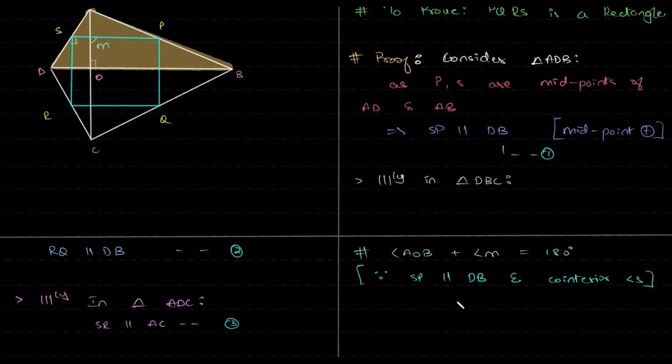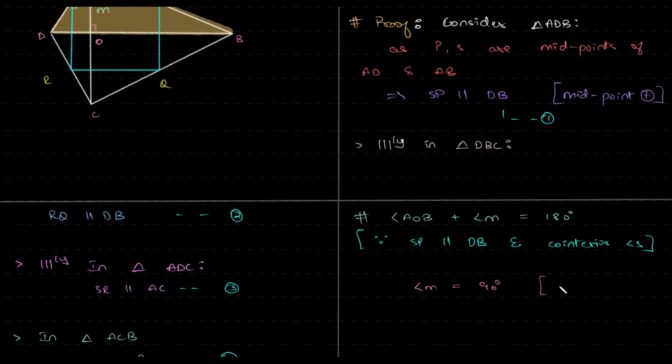So angle M is equal to 90 degrees. Right, guys? Angle AOB is equal to 90 degrees, with DB being perpendicular to AC.